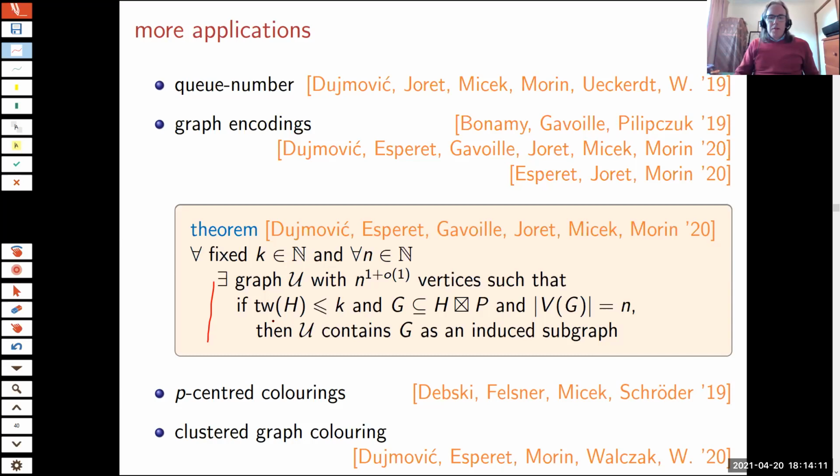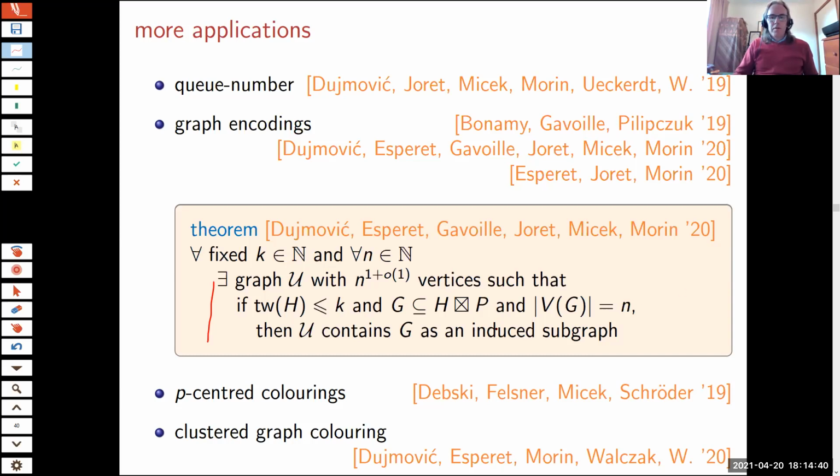And it's universal for any graph which is a subgraph of a product of a tree width k graph and a path, and it's got n vertices. So U contains every graph G as an induced subgraph, where G is a subgraph of H times P, where H is tree width at most k and G has n vertices. It's a lovely theorem. And now you just apply the previous results with k equal to 8, and you get a result for planar graphs.